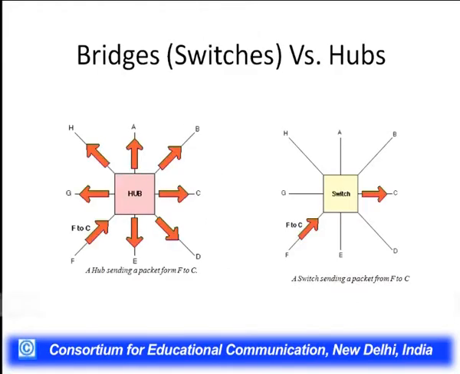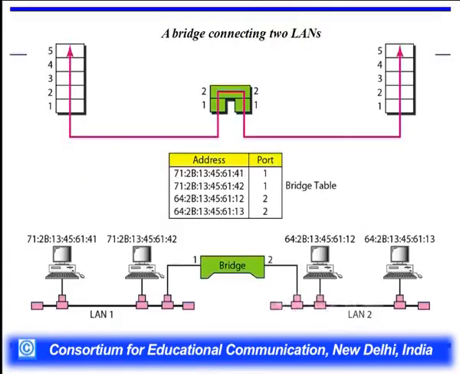Now this diagram shows how a bridge works as compared to a hub. In case of a hub, if a packet is to be sent from a particular host to another host, the hub will forward the packet to all other hosts connected to it. But in the case of a switch or a bridge, when a packet is sent from host F to host C, it is only sent to that particular host and to no other host on the network.